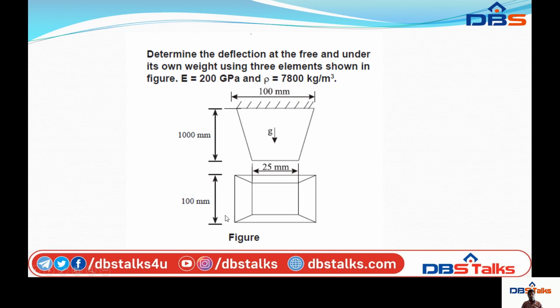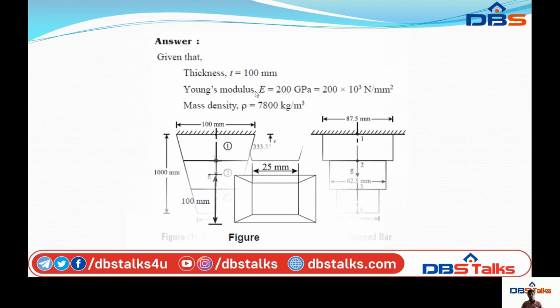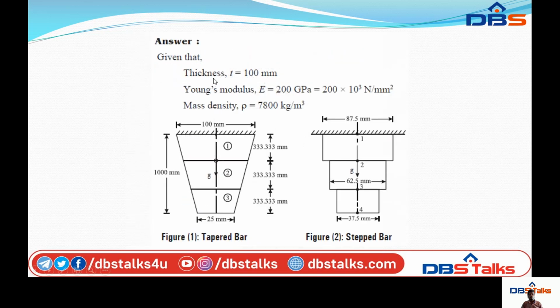So here he gave the values of Young's modulus and density, and he wants to find out the deflection. First of all, I'm writing the data given in that problem.